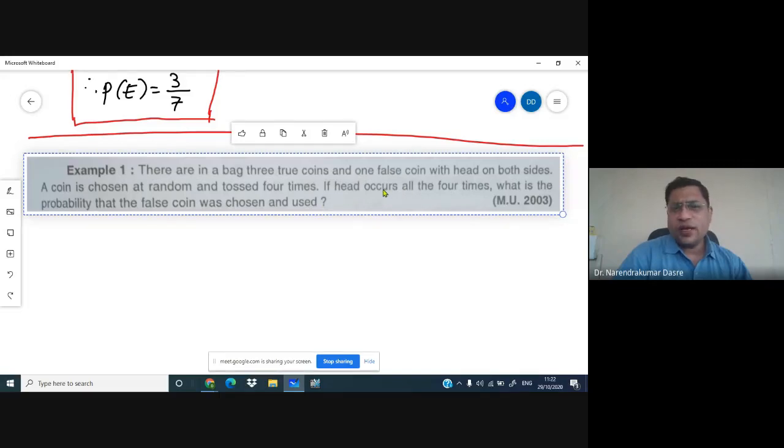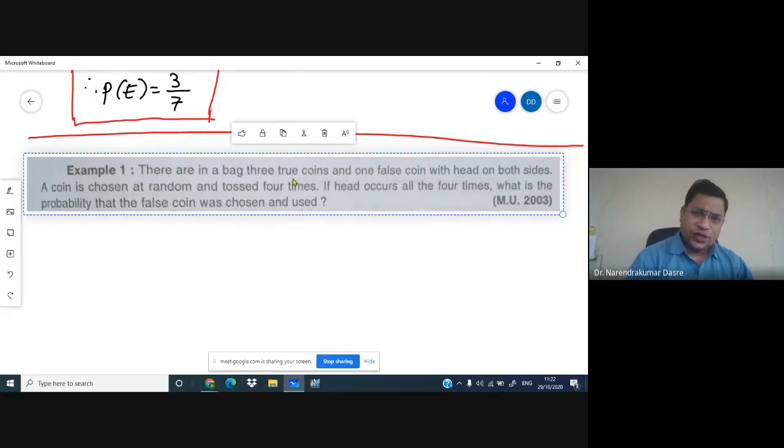It means we know the event has happened. What is the event? Getting all 4 heads. So we got all 4 heads, and now I want to find whether the false coin was chosen. Here the partition is that the bag contains 3 true coins and 1 false coin.